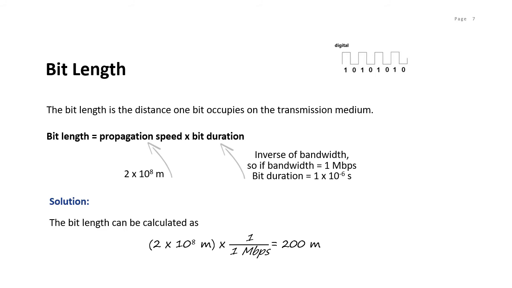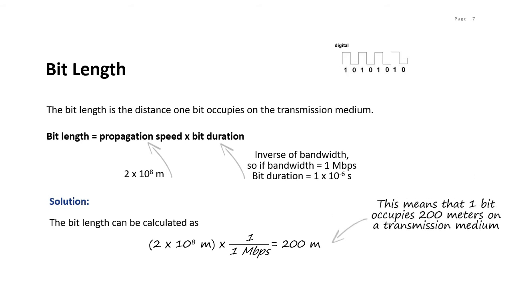So you can see here, if you increase the bandwidth, that means the bit duration would be smaller, right? And that means that it is also proportionate to the bit length. So if you increase the bandwidth, the bit length will also become shorter.